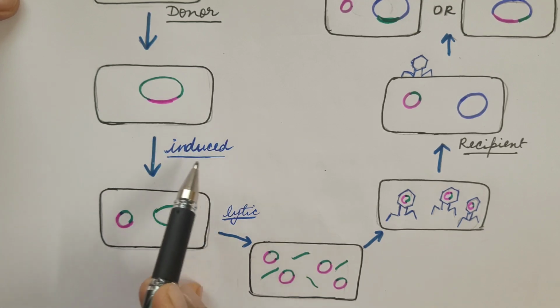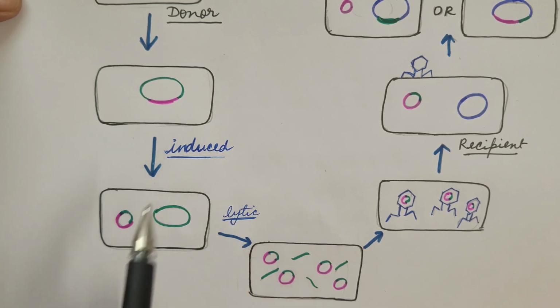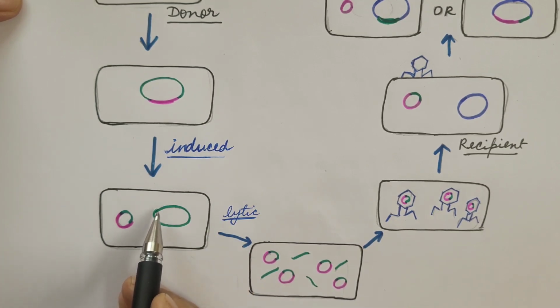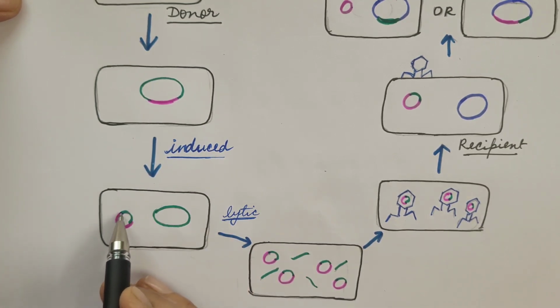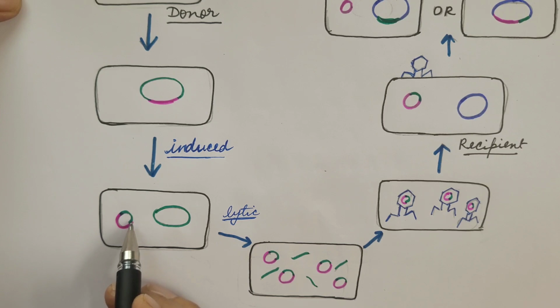Due to some cause, if it is induced by UV radiation or the presence of any chemical, then it gets excised, and during the excision of the phage genome, some specific genes of this donor bacterial genome are also excised.